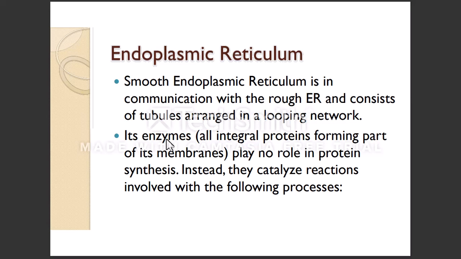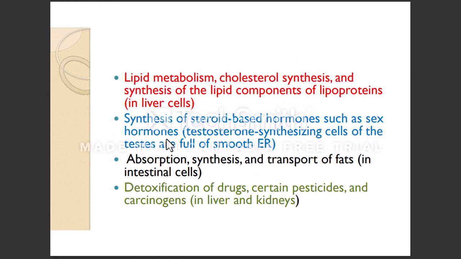But the smooth endoplasmic reticulum is in communication with the rough endoplasmic reticulum and consists of what? Tubules arranged in a looping network. Its enzymes play no role in protein synthesis. Instead, they catalyze reactions involving the following processes. So the smooth endoplasmic reticulum is not involved in what? Protein synthesis, like the rough endoplasmic reticulum.